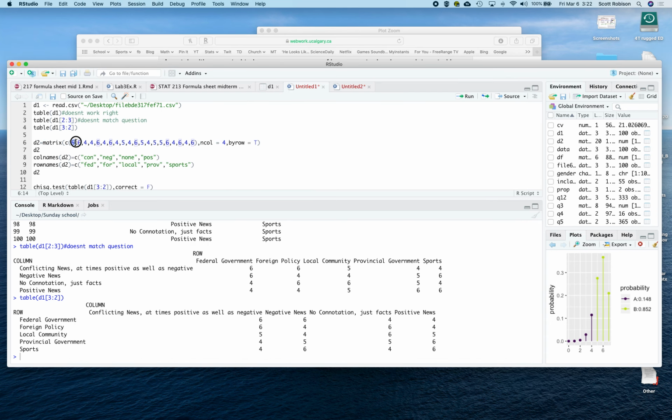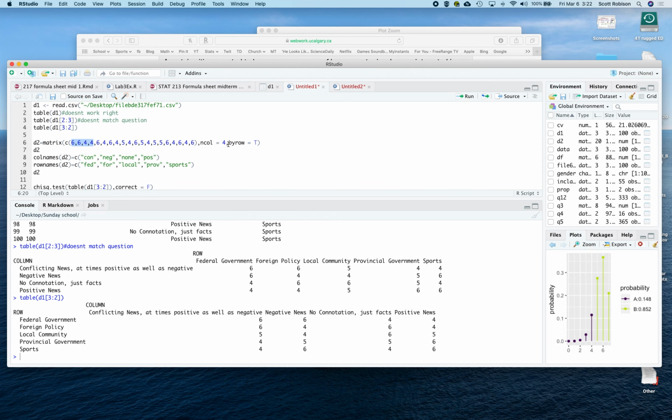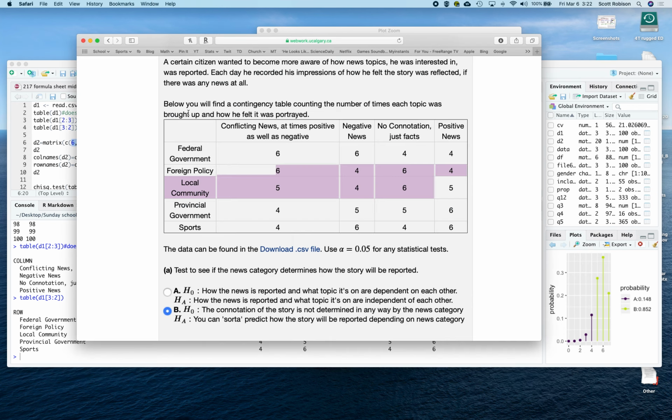Then I said the number of columns, here I counted columns as 1, 2, 3, 4. And then I am doing it horizontally. So it says by row is true. That means I am giving it the numbers horizontally, 6, then 4, then 4, then 6, then 4, then 6, then 4, then 5, then 4, and so on.